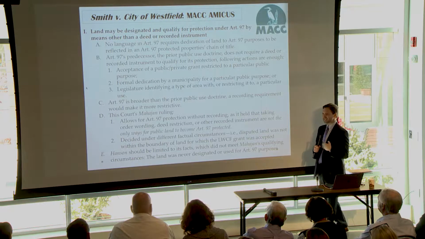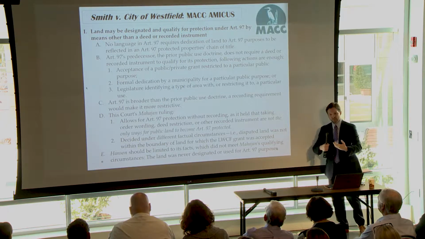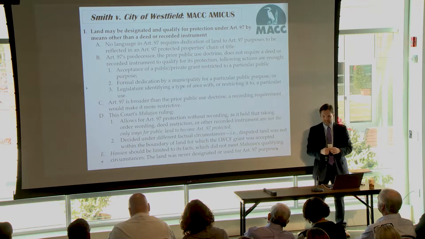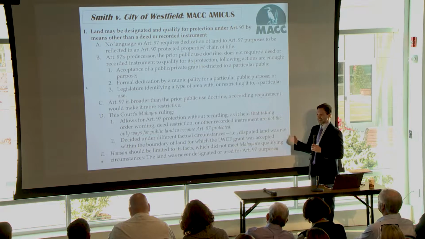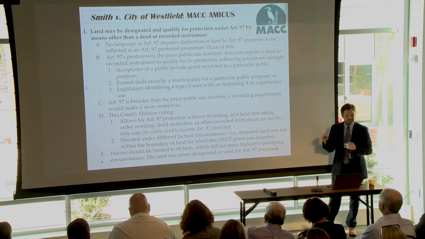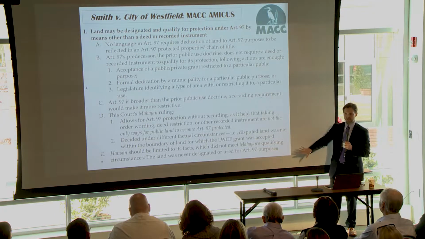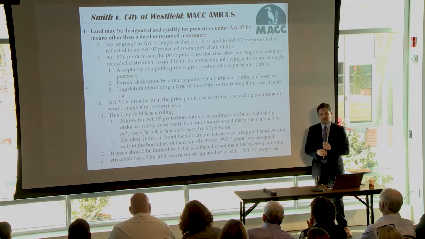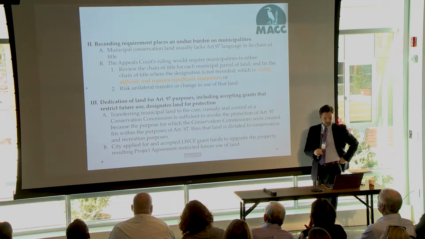Article 97 is meant to be broader than the public use doctrine. It's intended to provide an extra layer of protections there, and that interpretation of Hansen and Mahajan essentially had the opposite effect. We also argued that the Hansen case, which, as I mentioned earlier, had kind of a unique set of facts, really should be limited to its facts and wasn't good precedent for courts to be looking back to in deciding Article 97 cases moving forward.